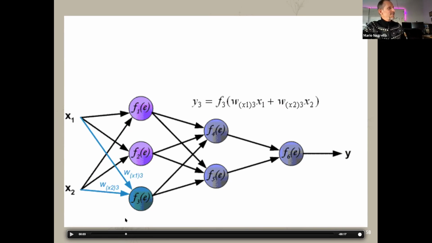Notice here that different neurons have different functions, F1, F2, F3, F4, F5, F6. Backpropagation works even if you have a network of mixed transfer functions. That's why these functions have little indices, because they could be a different function per neuron. Let's not get bogged down by this.